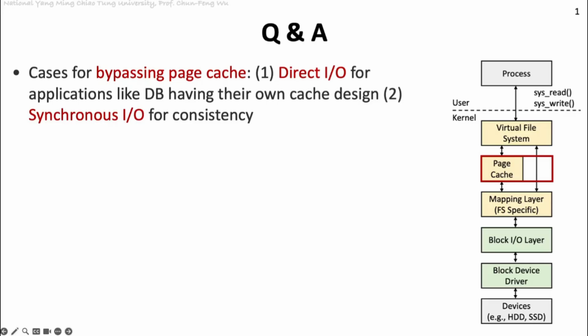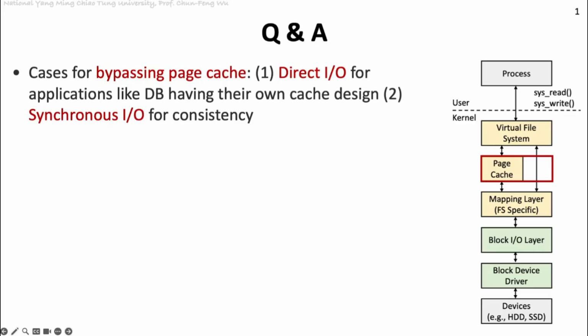If the application, for example, can say, I want a super large memory, and manage the memory by itself, then it doesn't really need the page cache. So the application can directly use direct IO to get the data from the storage device.